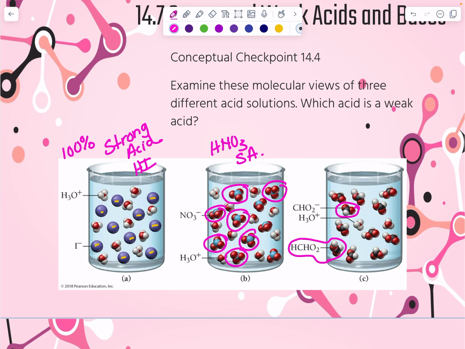How many of them have 2 white hydrogens? Notice that this guy has 2. When it is unreacted, it has 2 white hydrogens. Well, yeah, most of them do, actually, right? So that means that formic acid, HCHO2, is actually a weak acid, and does not completely dissociate.